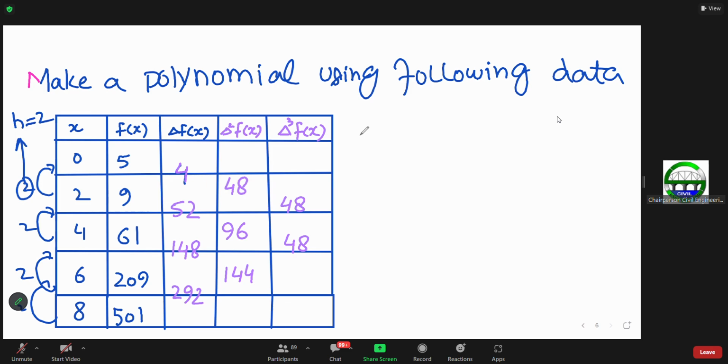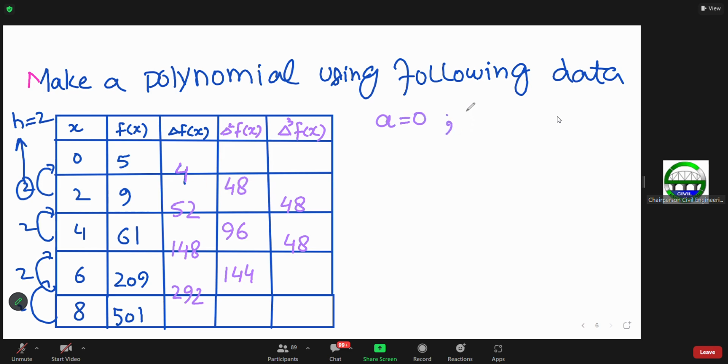Who can tell me what should be the value of a? Oh, great. The value of a will be 0. So a is equal to 0.